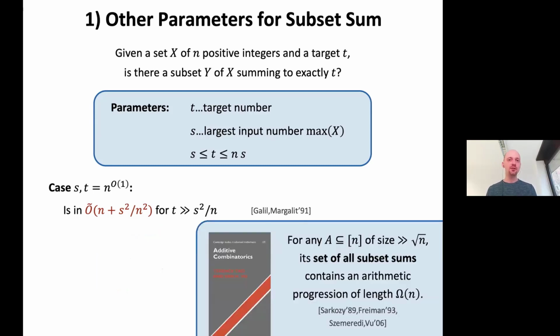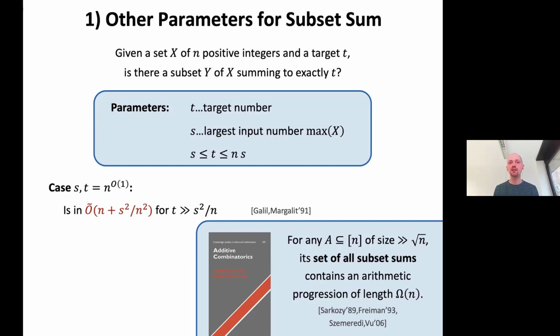Basically, this kind of additive combinatorics, you can use it to show that for a dense set of integers, if you are in this dense regime, and there's some technical condition that it's not true that all of your items are divisible by some common denominator, so let's ignore that, then basically all the numbers can be written as a subset sum.